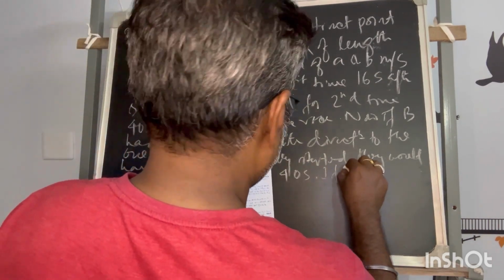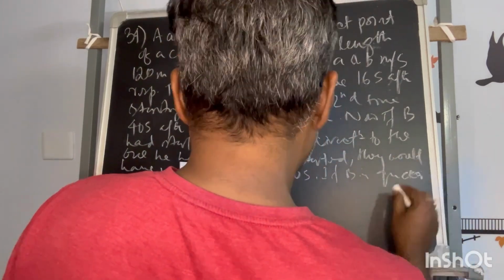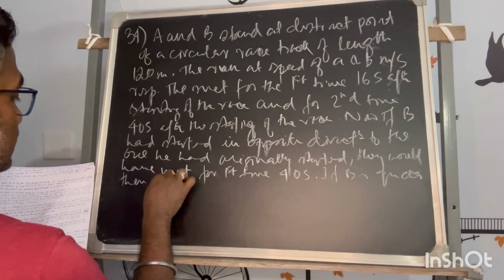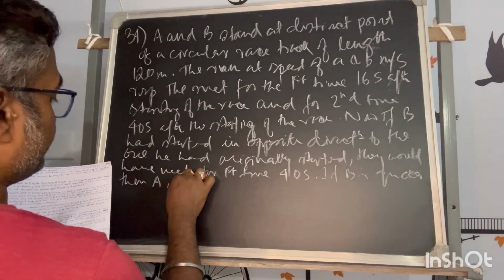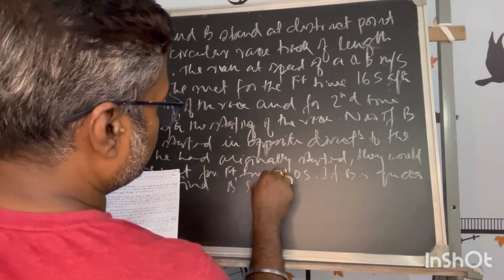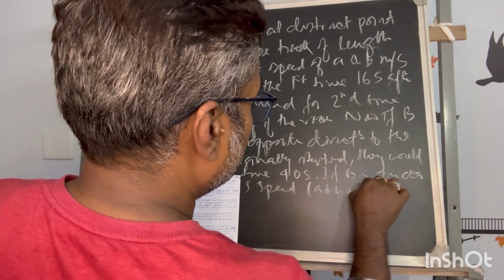If B is quicker than A, find B's speed. A and B are integers.